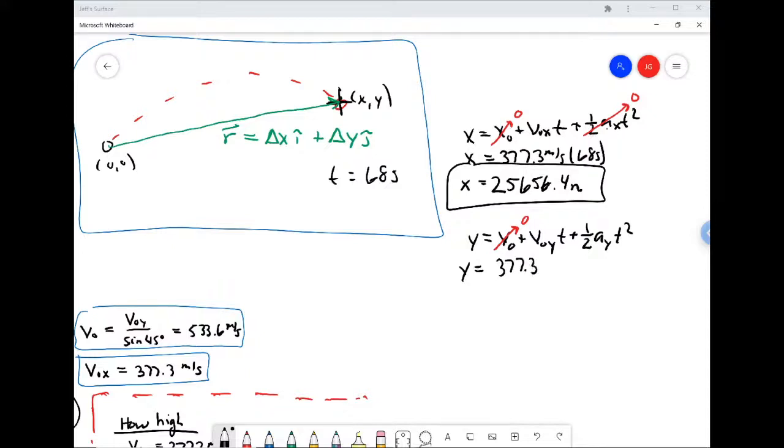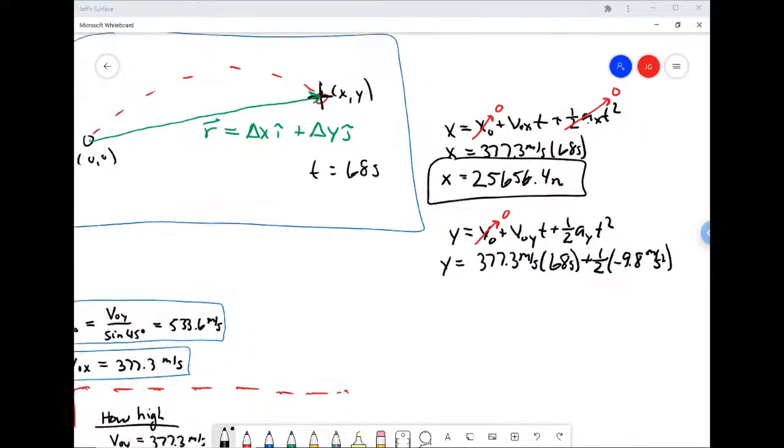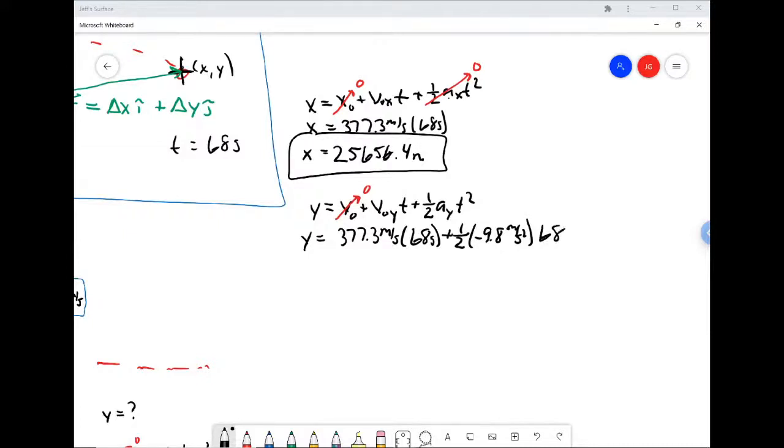The initial velocity in y is 377.3 meters per second, t is 68 seconds, and acceleration is negative 9.8, times 68 seconds squared. So that is 2,998.8 meters.